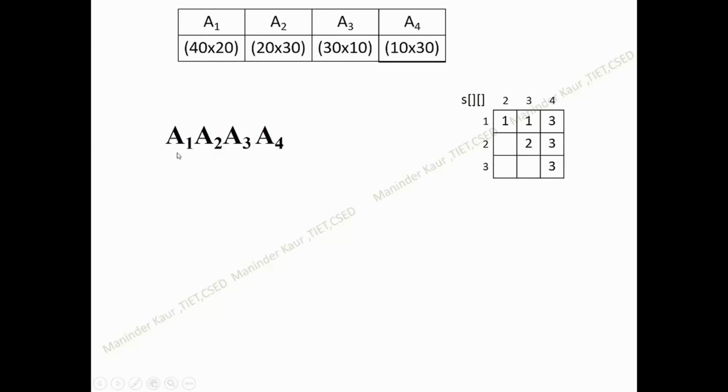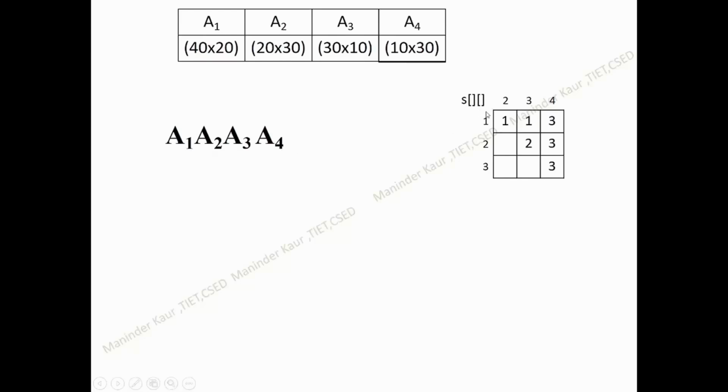First we will try to split the whole matrix chain at a particular location. To find at which point we have to split, if we are considering the whole sequence of matrices from A1 to A4, we will first look at the entry S1 to 4.